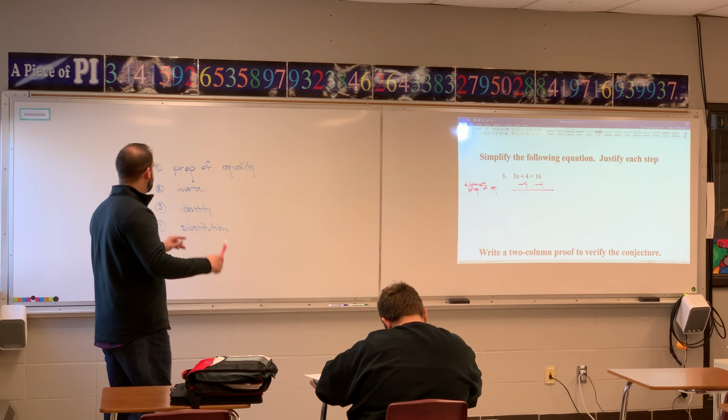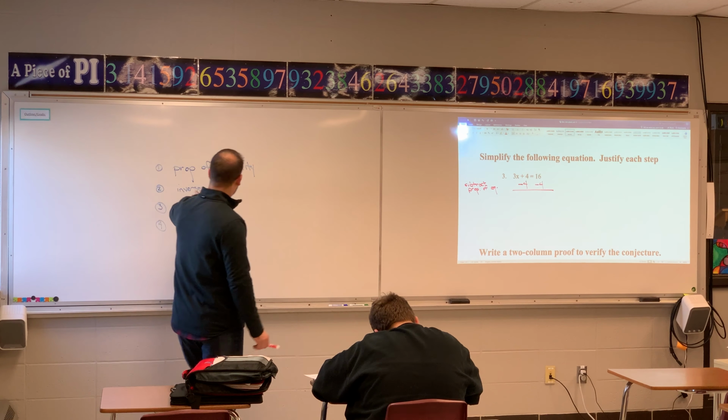Okay, so we did the property of equality, now we're moving on to the inverse. If we know we're adding and subtracting, the inverse we should be doing is the property of opposites. So what do I get when I go 4 minus 4? 0. We have to put that in there, that's the full step. You have to put 0 on the other side, I'm not going to subtract yet.